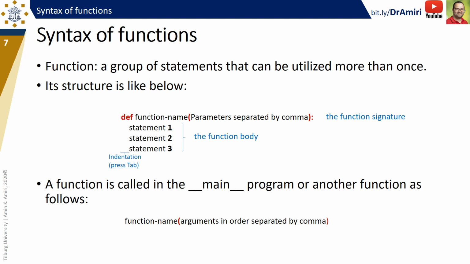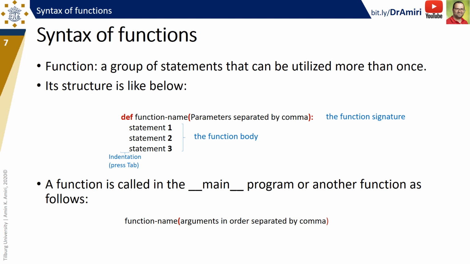The first line of the function is called the signature of the function. And after that, in the next line, you need to provide indentation to tell Python that these statements are related to the function. And these statements are called the body of the function.